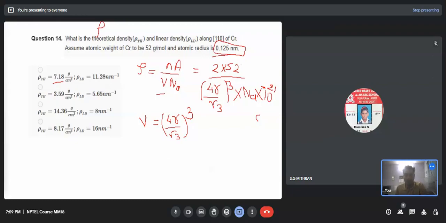And the linear density. For linear density we know already, in a particular direction we have to draw it first. BCC, so it is 1 1 0.